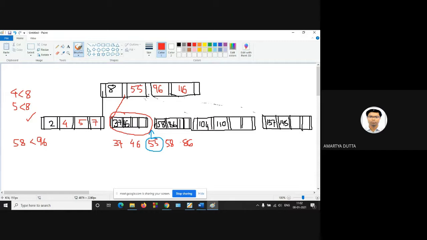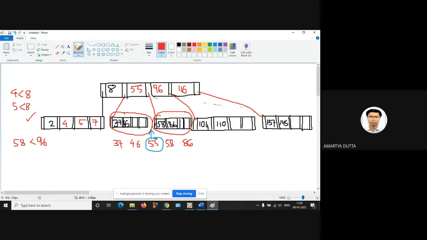So this third leaf is greater than 55 and less than 96. Similarly, this one is greater than 96 and less than 116. And the last one is greater than 116.